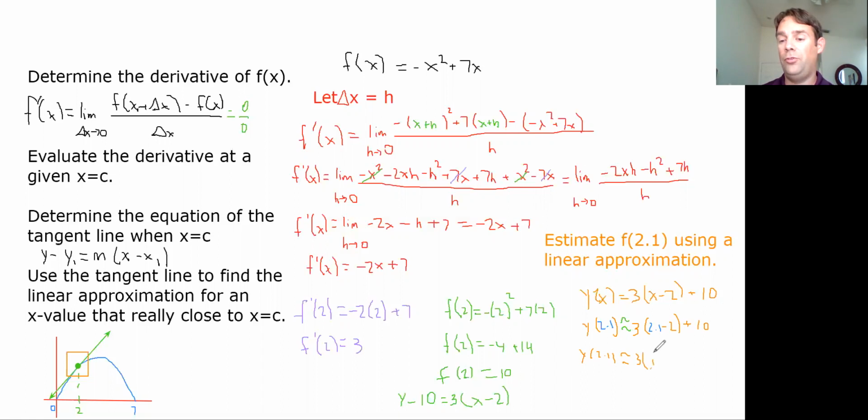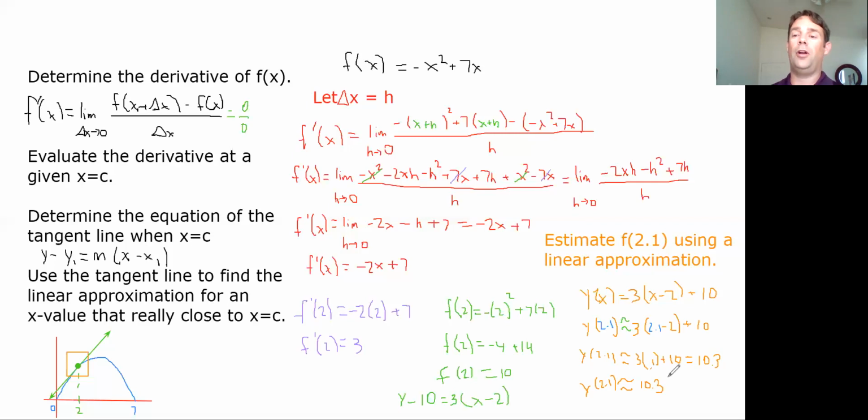And so we can use this value plus, which would be equal to 10.3. So that means if I were to plug 2.1 in to my function, it would be really close to 10.3.